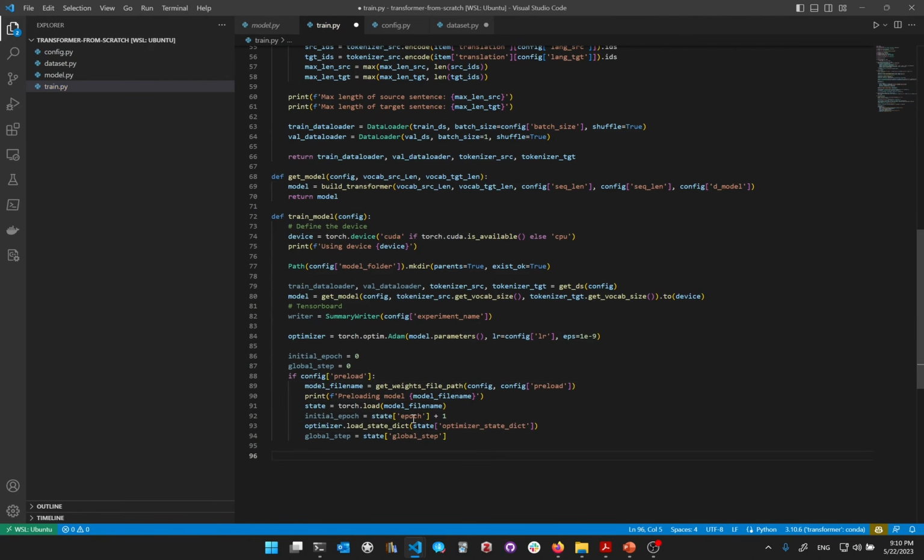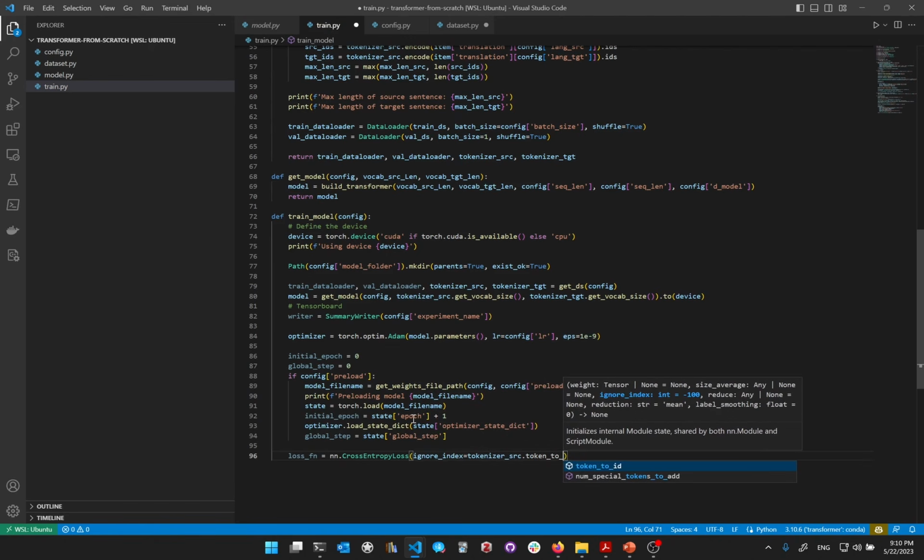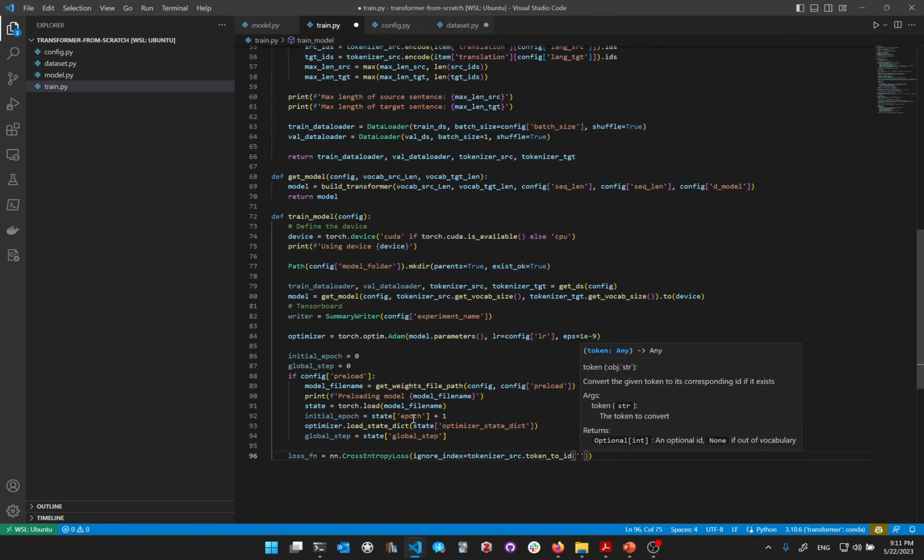Okay, the loss function we will be using is the cross entropy loss. We need to tell it what the ignore index is, so we want it to ignore the padding token. Basically, we don't want the padding token to contribute to the loss. And we will also be using label smoothing.